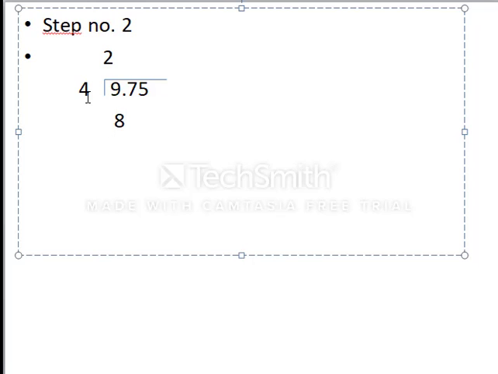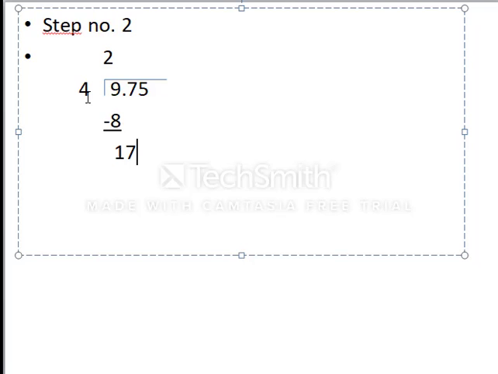Now don't forget that you have to subtract. 9 minus 8 is 1. And you have to take down the number 7.